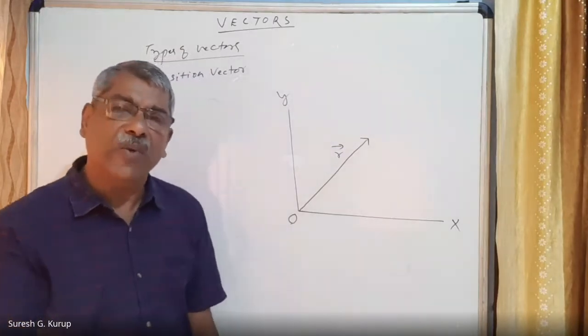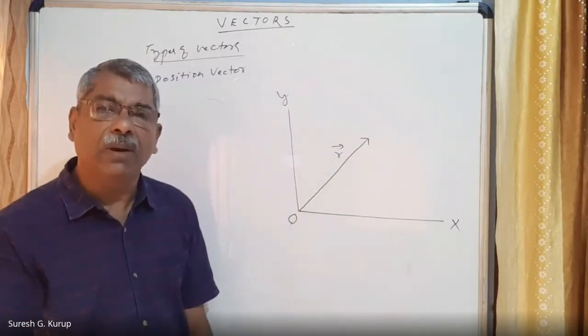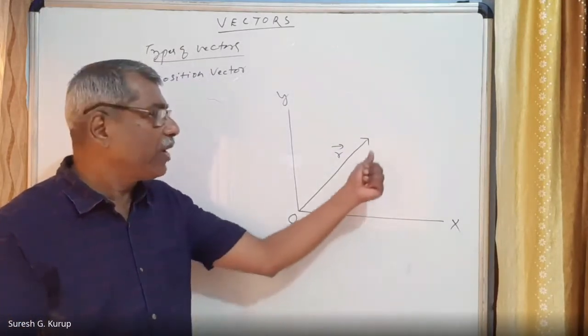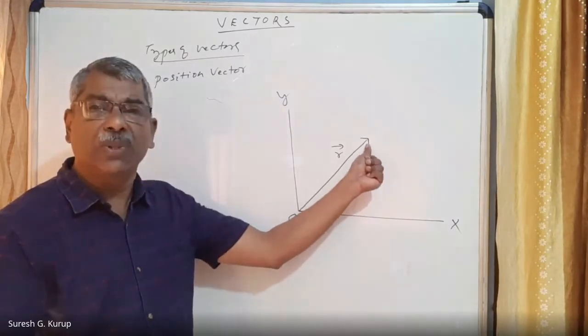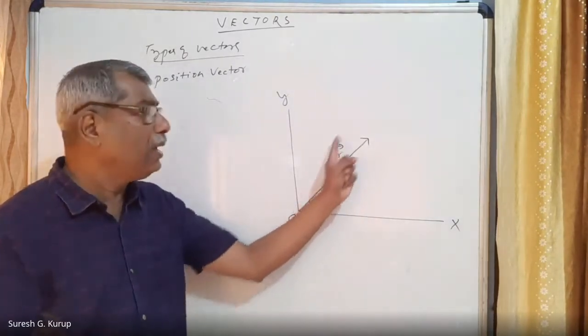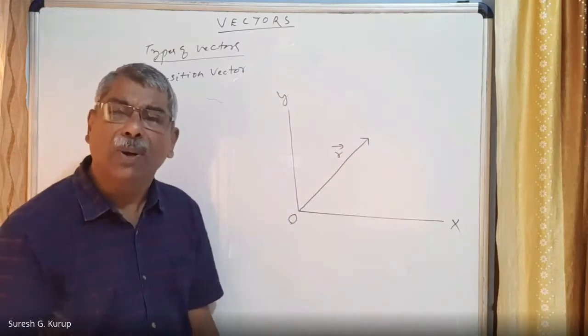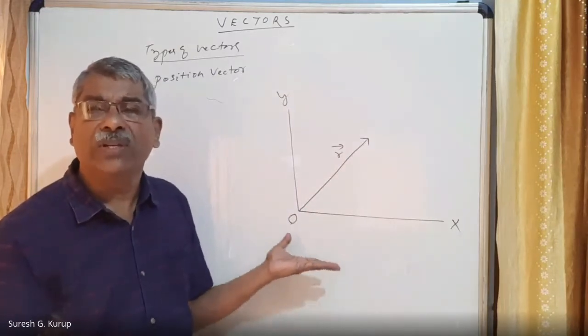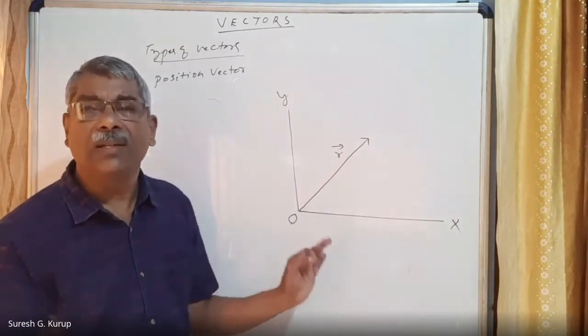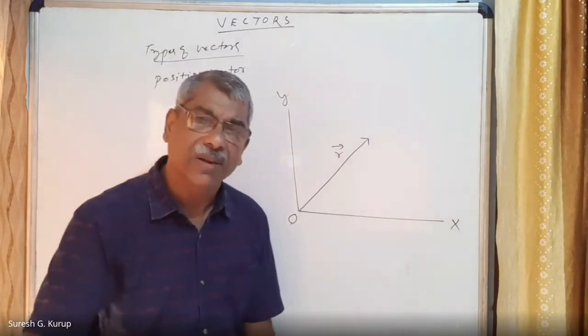So the position vector of an object at a particular instant is a straight line joining the position of the object to the origin, with an arrow mark at that point. This is the position vector of that object at that instant, right? Okay.